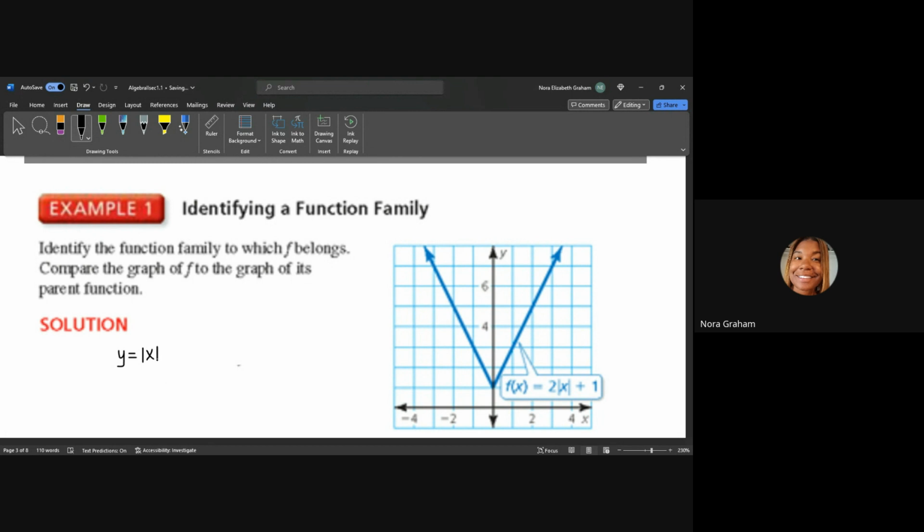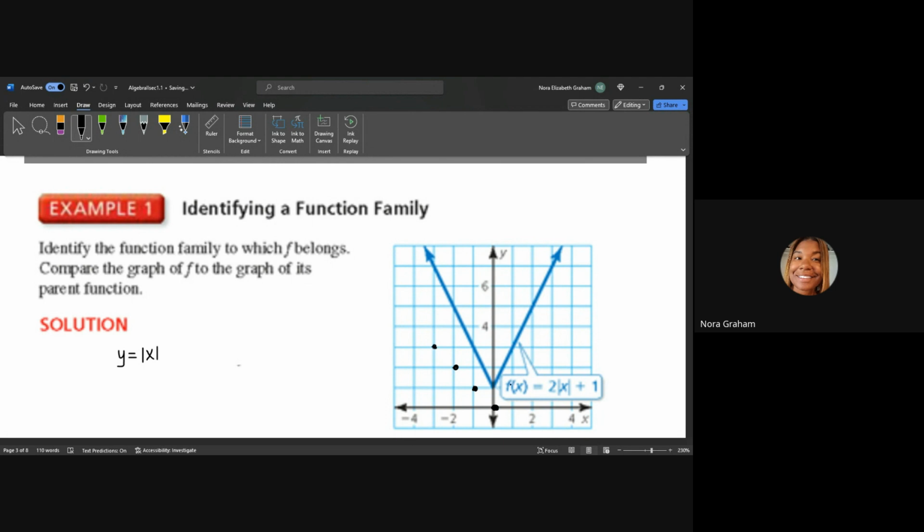And the graph of that parent function, that means our vertex starts at our origin. And we have a slope of 1, so I go up 1 over 1. That's rise and run. Up 1 over 1.